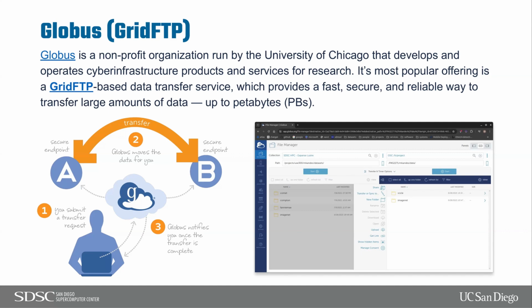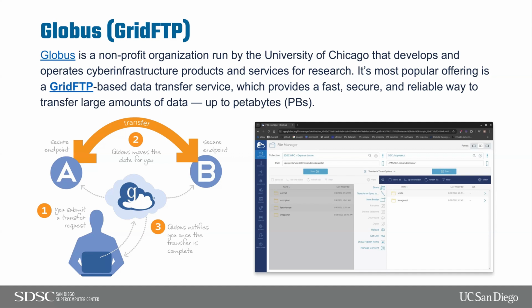And they even have nice web applications that I'm showing here, where you can log into, say, the Expanse Lustre file system, go to your data set directory, click on that directory, and start a transfer to another HPC system across the country and just let it all happen in the background.